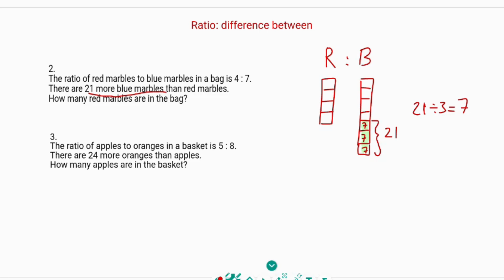How many red marbles are there? Well, each box in the whole ratio is 7. 7 times 4, 28.